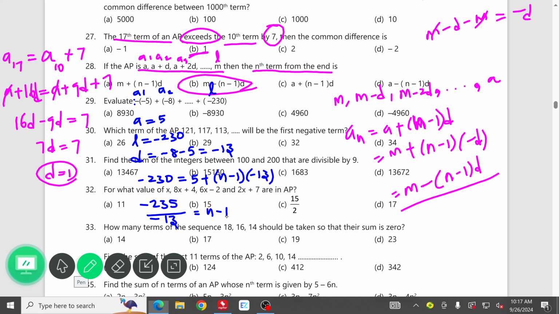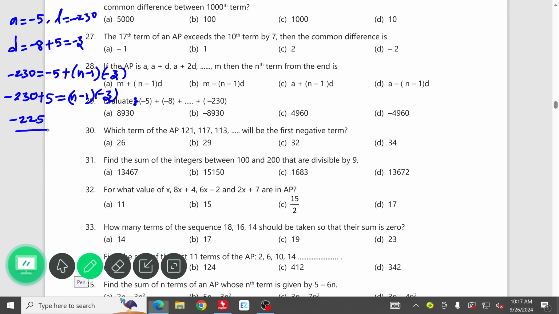Minus 5 when you bring opposite, you get plus 5, which equals N minus 1 into minus 3. When you subtract, minus 225. Bringing 3 opposite, minus 3 equals N minus 1. Then 3 into 75, so minus minus cancel. Then 76 equals N. Yes, N is 76.